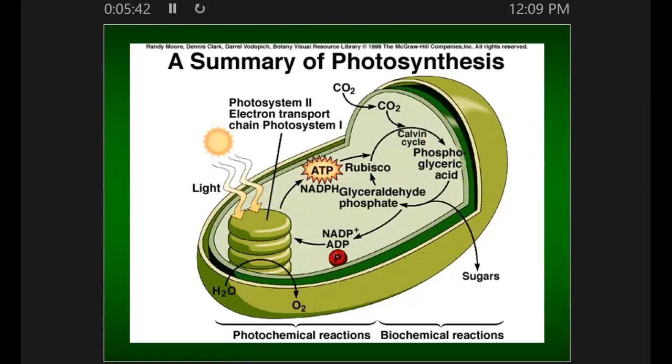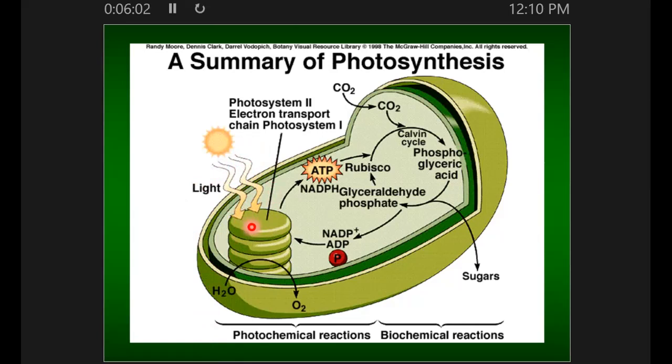So this picture is, again, a big picture statement. This is like putting it all together. This is photosynthesis. On the left here, you see light striking the, what is the innermost membrane that's floating around inside the chloroplast called?